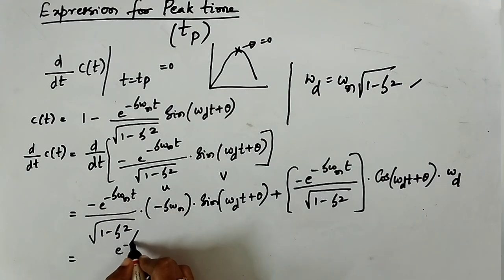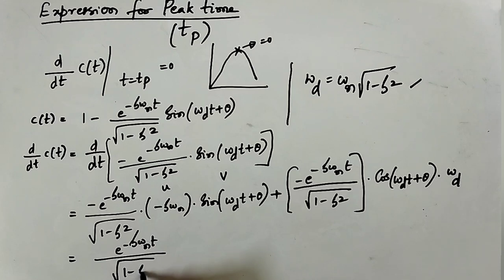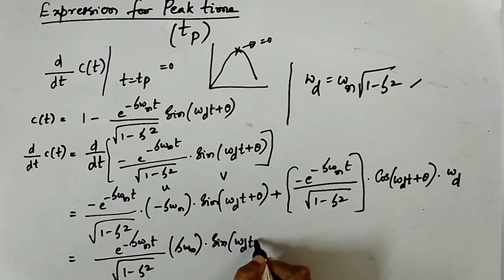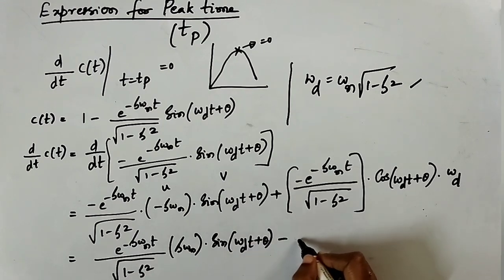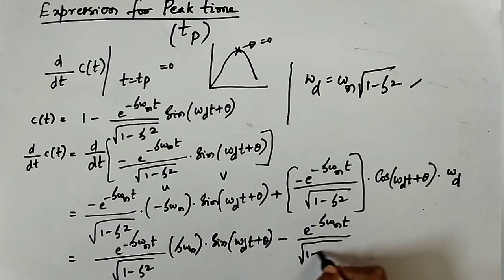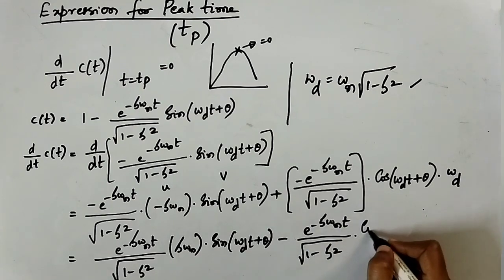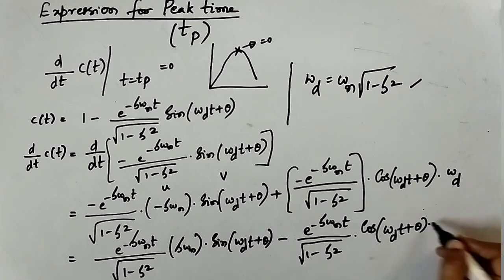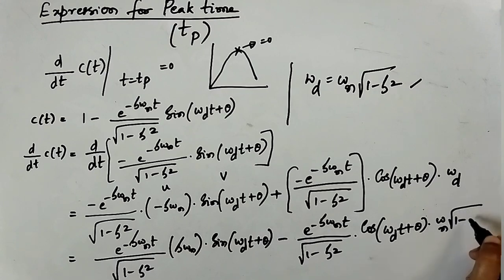Minus into minus would be plus, so e power minus zeta omega n t by root over 1 minus zeta square into zeta omega n into sine of omega d t plus theta, minus e power minus zeta omega n t by root over 1 minus zeta square into cos of omega d t plus theta, with omega d replaced by omega n into root over 1 minus zeta square.